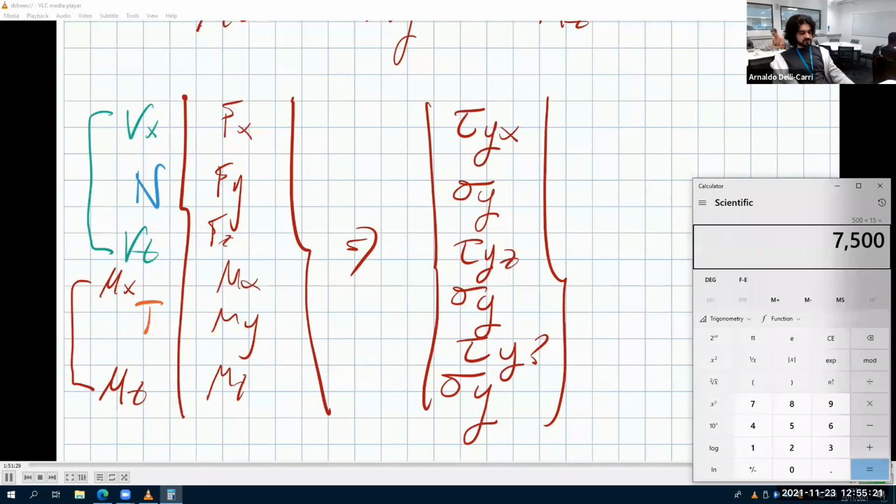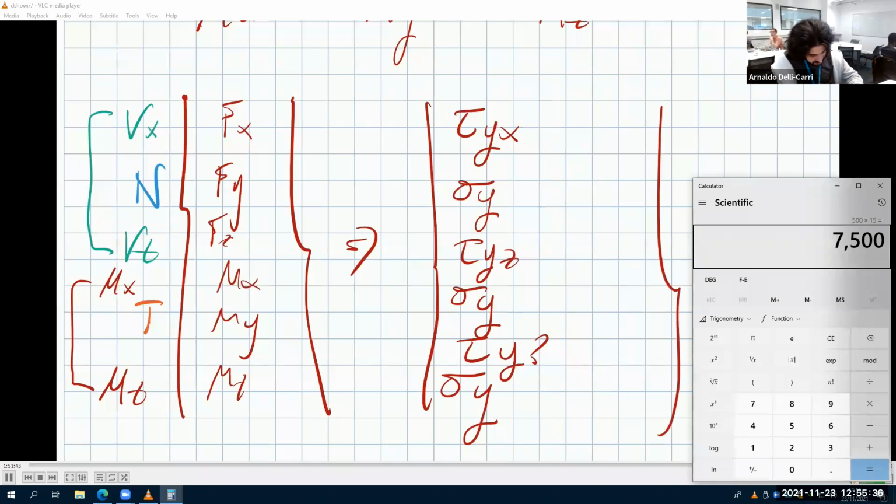And these ones, very easy, you just find them from the formula. Sigma y is N divided by A. Sigma y here is Mx, so as an example, this sigma y is Mx over Ix times z. And this sigma y is Mz divided by Iz times x.